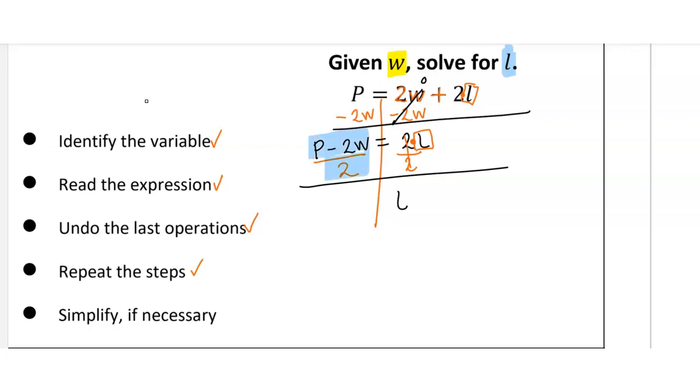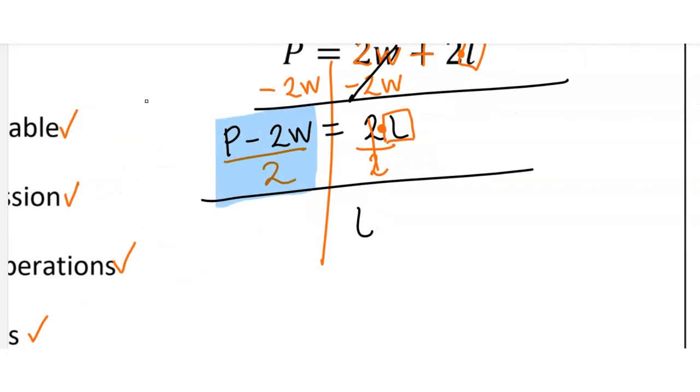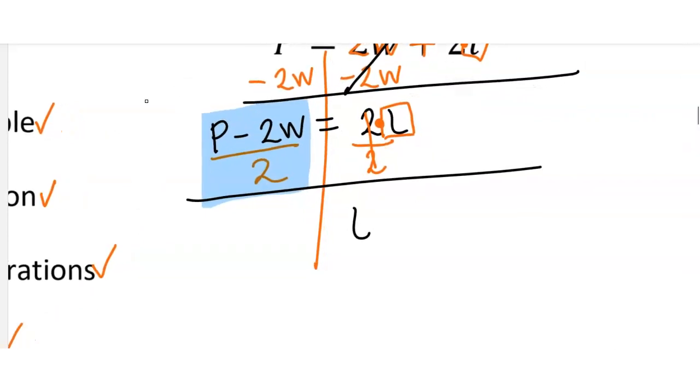Sometimes you'll see your answer in this form, or you'll see your answer more simplified, which is what we're going to do next. When you see an expression like this, these two terms in the numerator are basically sharing the denominator.